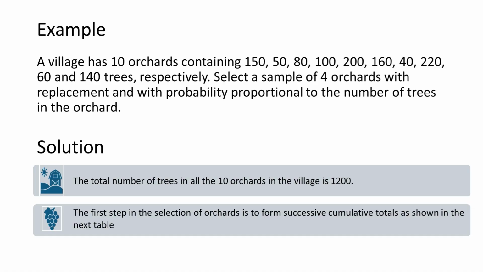In this example I have not mentioned the yields; just to select, I have considered only the auxiliary variable values. The total number of trees over all orchards is 1200.